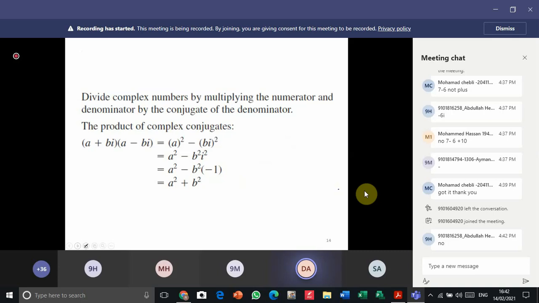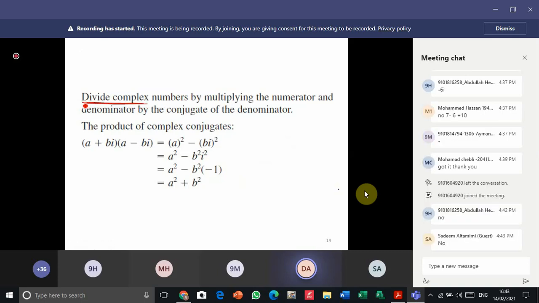Okay, if we need to divide complex numbers, we must study the subject called the conjugate. What's the conjugate?